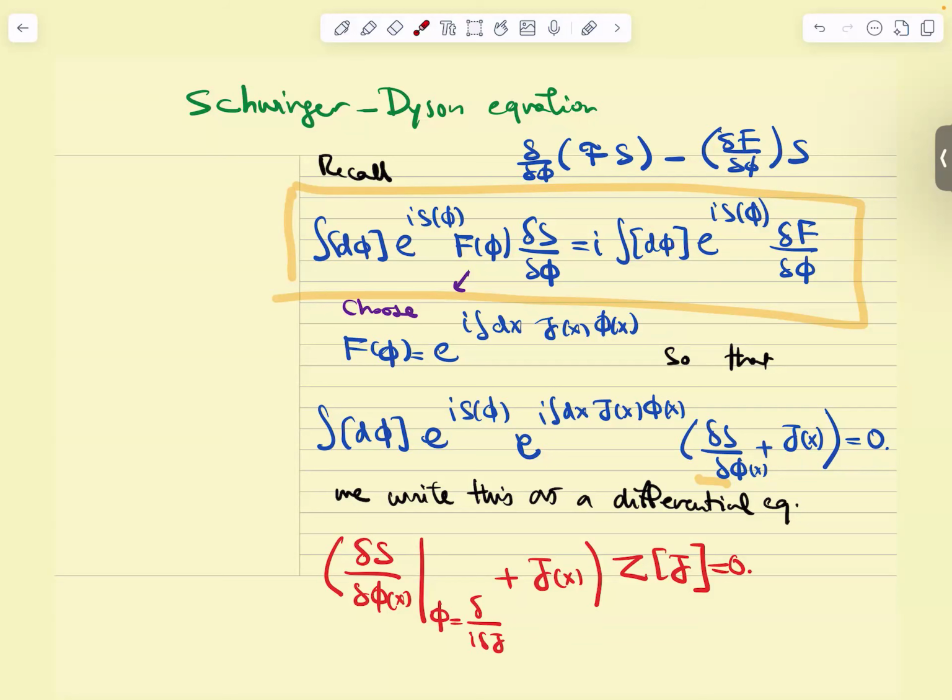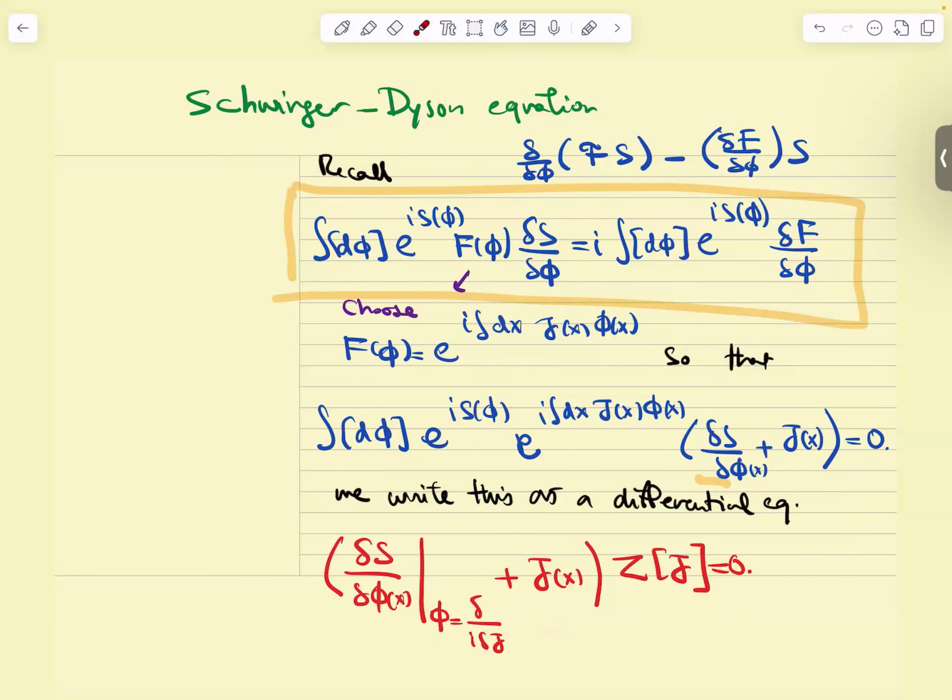Now pick your f to be the source term. We did this before. What you obtain is a particular case of Schrödinger-Dyson, a differential equation that your generating functional satisfies. I might say partition function from time to time by mistake, but you know what I mean.